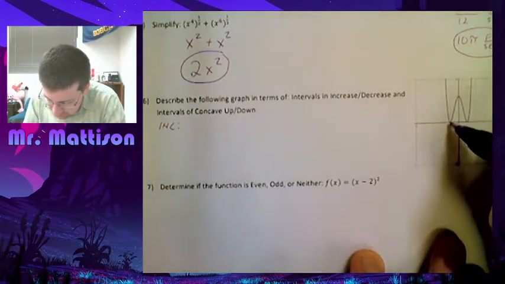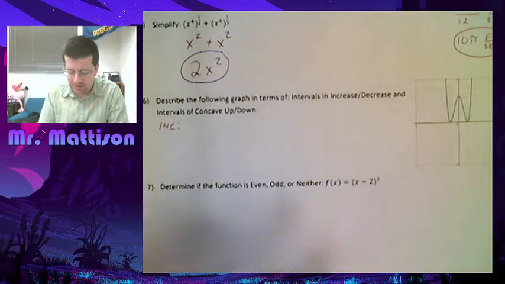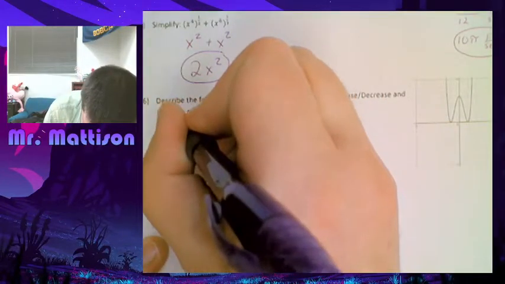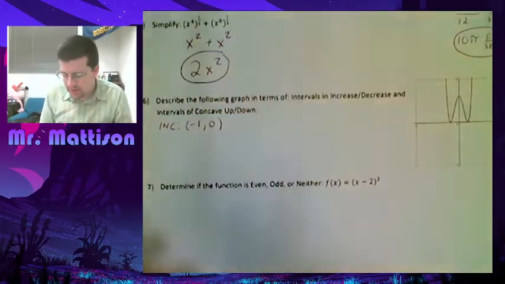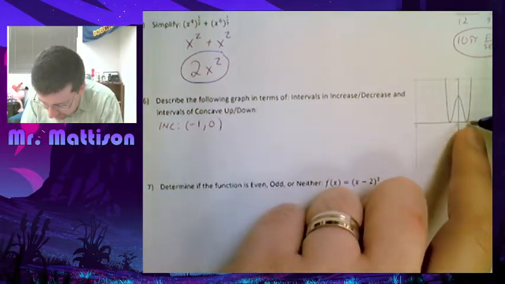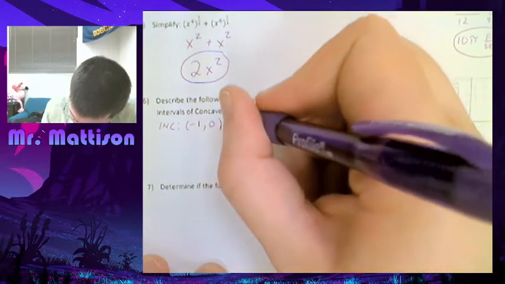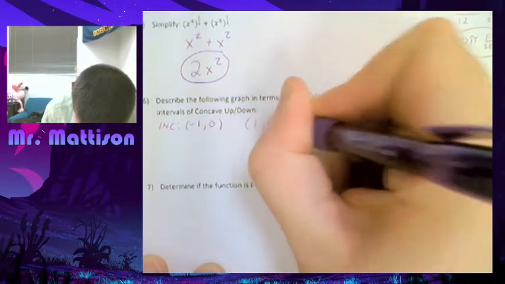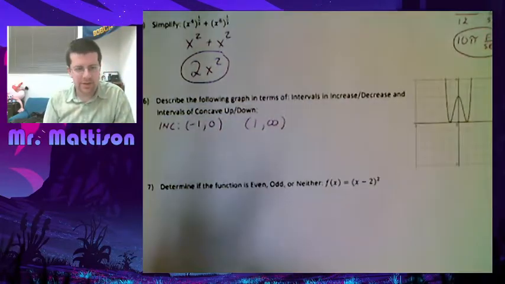So from here to here, which is -1 to 0 on my x's, that's an interval of increase. So from -1 to 0. Then I'm also increasing from +1 to forever. So that's going to be also from +1 to infinity. So those are my 2 intervals of increase.